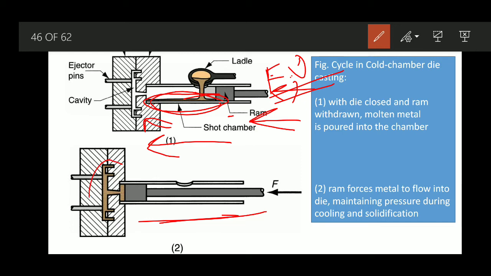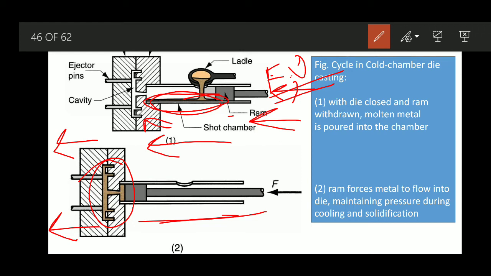It fills the whole die cavity, and the required pressure is maintained for a certain time during the whole cooling and solidification process. Once it solidifies, with the help of the ejector mechanism, the movable half of the die is moved and the whole mold is opened.